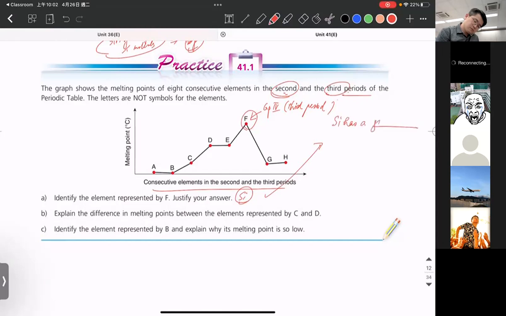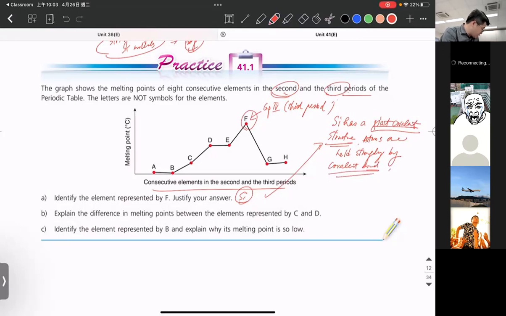Giant covalent structure. Yes, giant covalent structure. What else? The bonding. Atoms are bonded with strong covalent bonds. Okay, the atoms are held strongly by covalent bonds. What else?